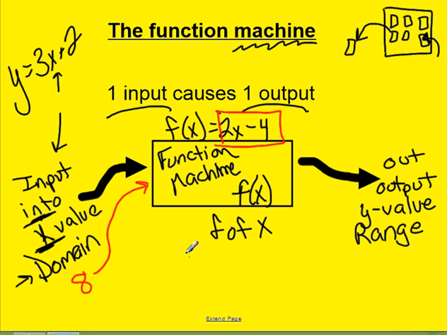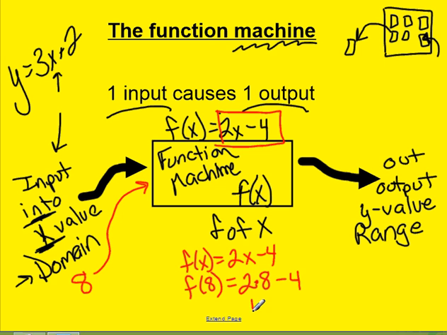If I take this f of x equals 2x minus 4, and now I put in f of 8, the function, that's where the f comes from, the function of 8 equals 2 times, instead of x, it's 8, minus 4. 2 times 8 is 16. We then subtract 4 and get 12. So when my input was 8, what goes in the machine, my output, what comes out of the machine, would be 12.